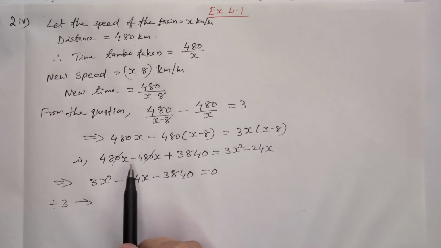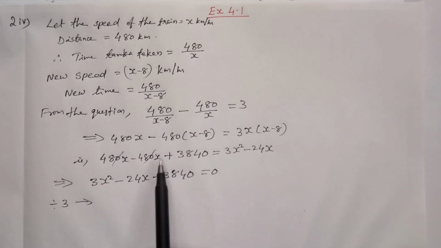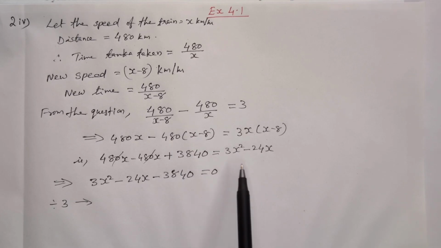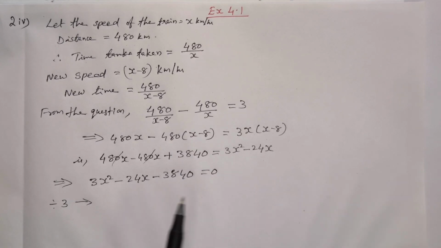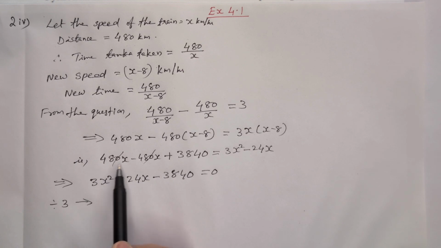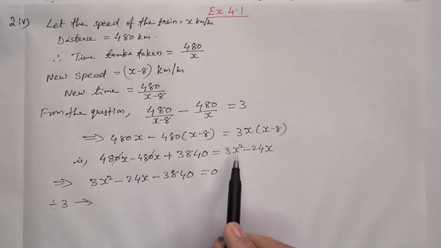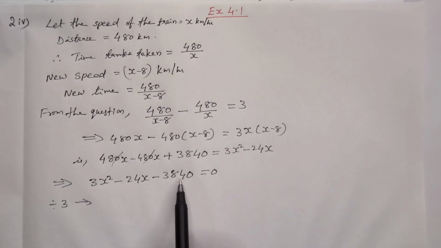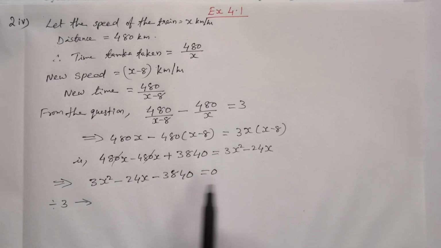When we open the bracket, 480x minus 480x, plus 3840, will be equal to 3x square minus 24x. 480x and minus 480x cancel. Then moving this to the other side, 3x square minus 24x minus 3840 is equal to 0.